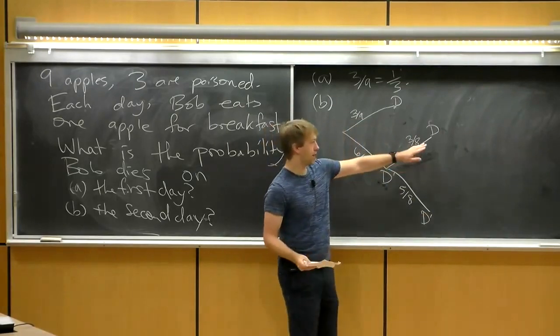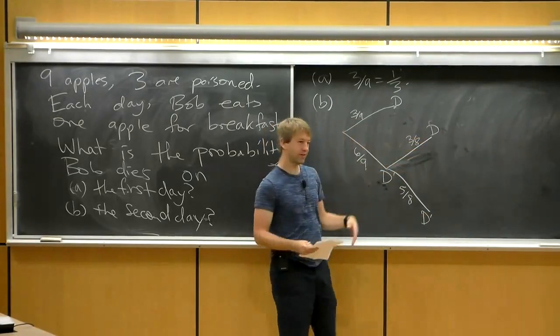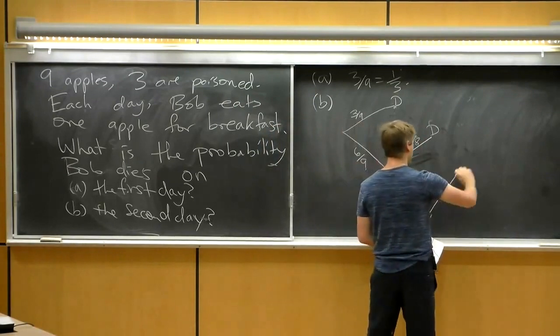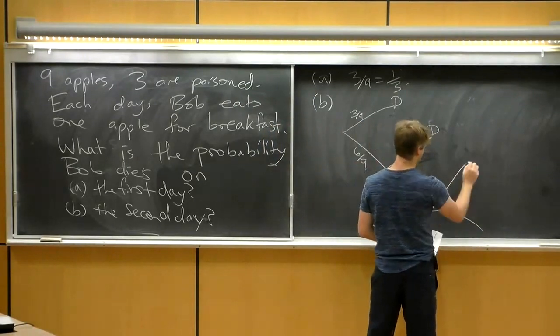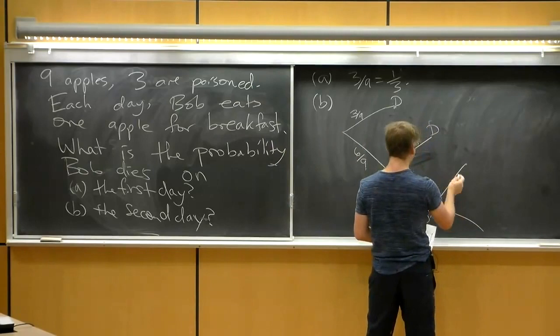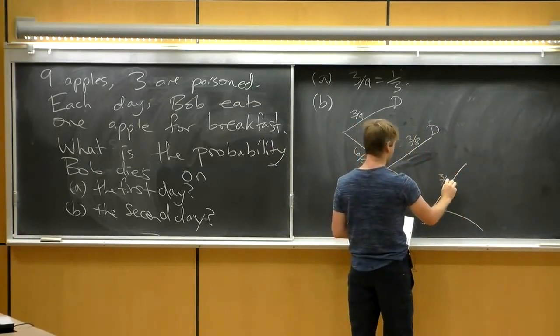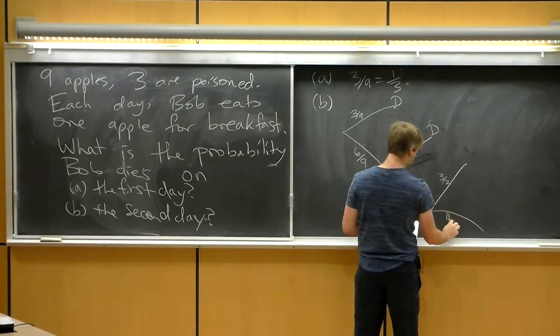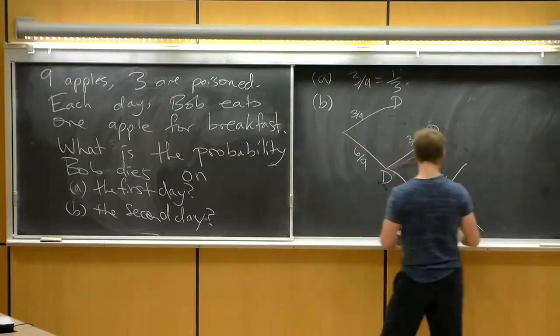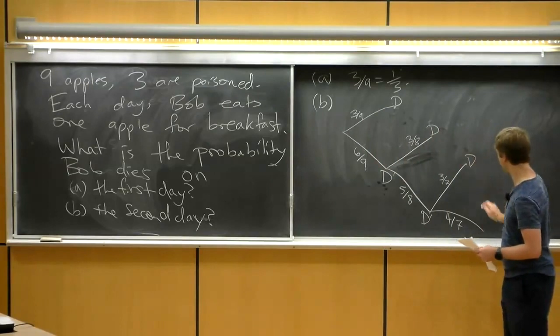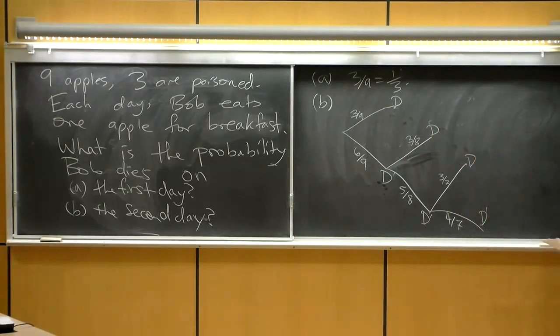And then again, this branch terminates, and we keep going on this one. You know, and this can go on longer, but it depends how many days we want to talk about.